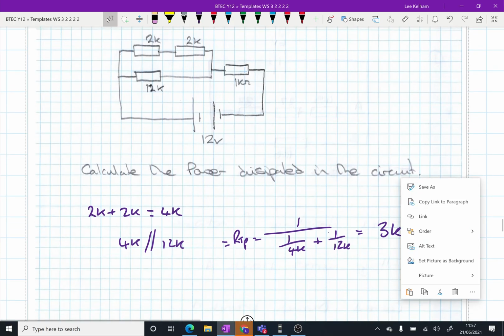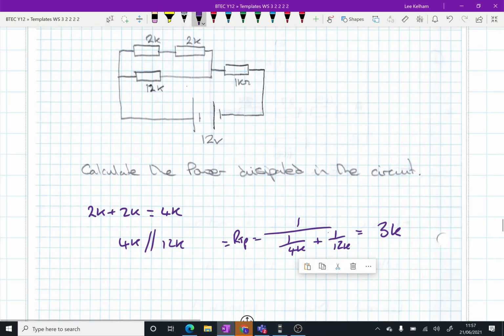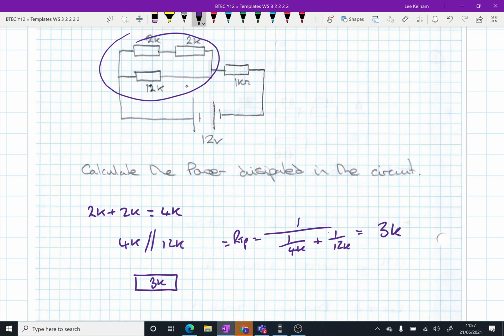Now there's no harm in making drawings, so now we've got 3k, which is all of this. That's 3k in series with a 1k. So that's our circuit. The good thing about drawings is it explains what you're doing.